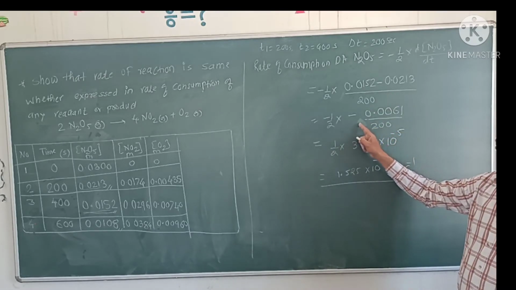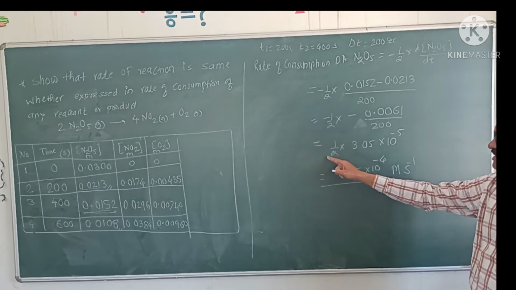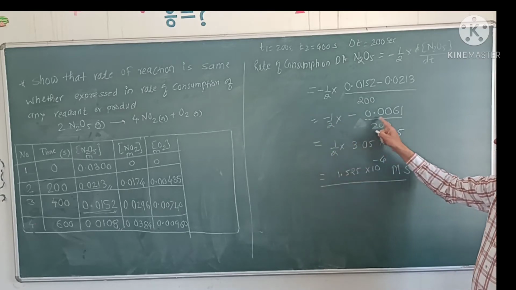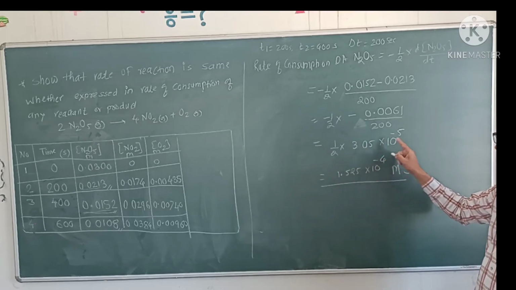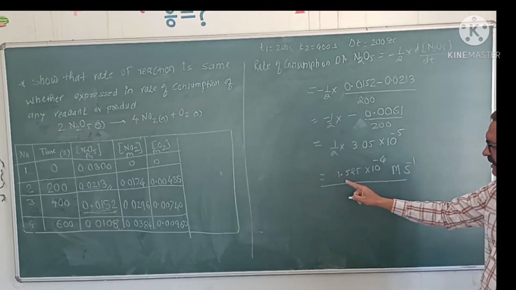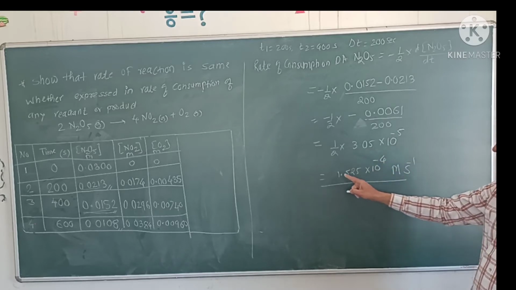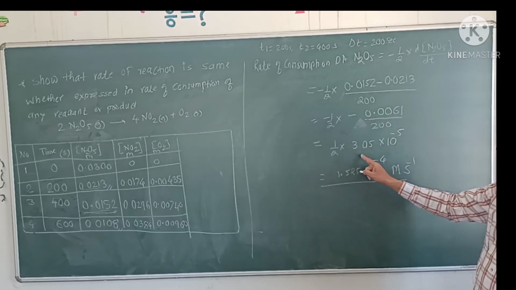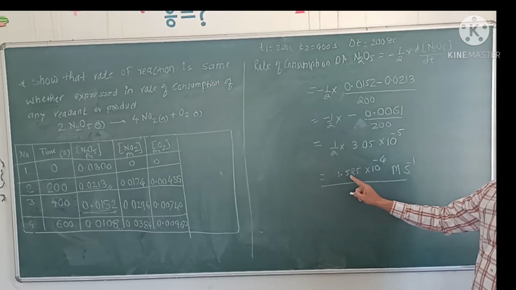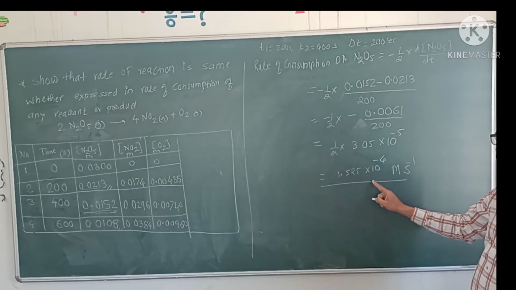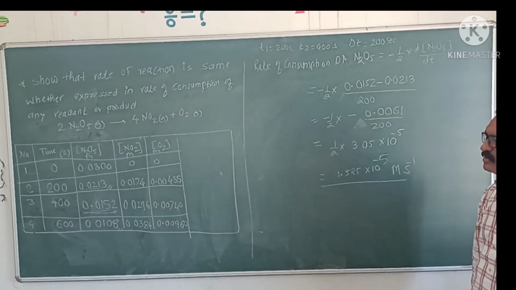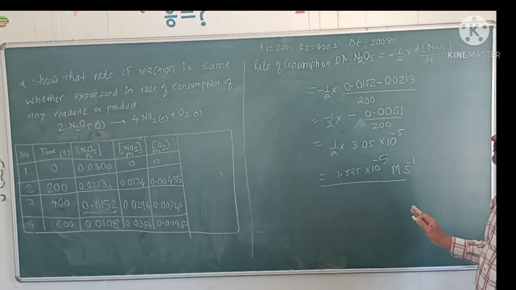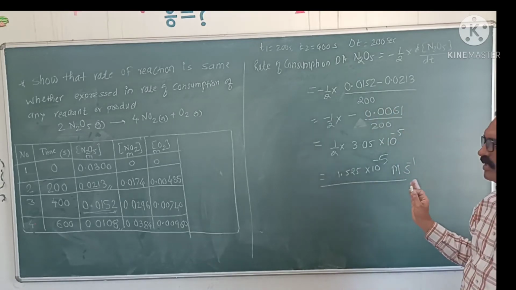Here is the multiplication. Minus minus sign becomes plus, that is 1/2. This division is equal to 3.05 into 10 raised to minus 1. Hence, the value becomes like that. 3.05 upon 2 is equal to 1.525 into 10 raised to minus 5 moles per second. This is the rate of consumption of N2O5.